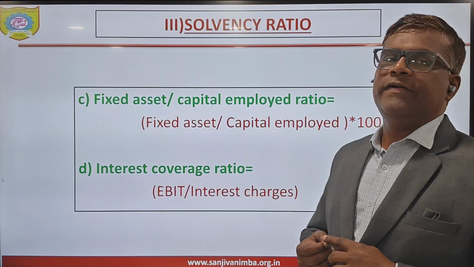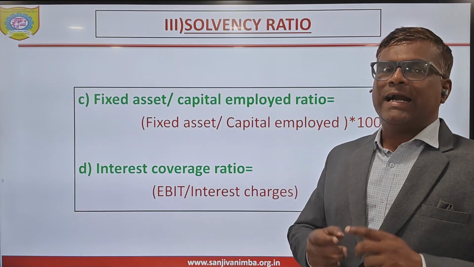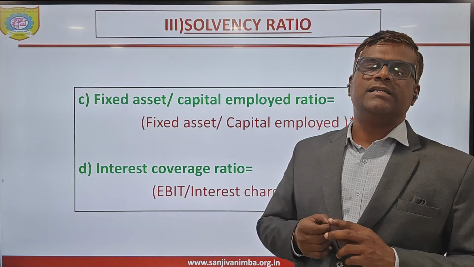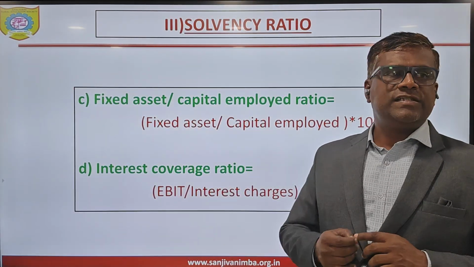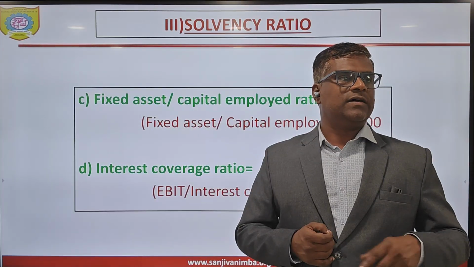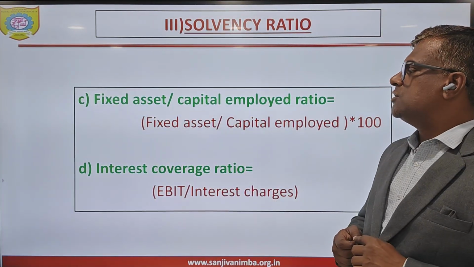So whether your profit is sufficient enough to cater to these interest payments, that is something the interest coverage ratio is talking about. So see friends, all of these types of ratios are always helping in understanding the better prospect about solvency.